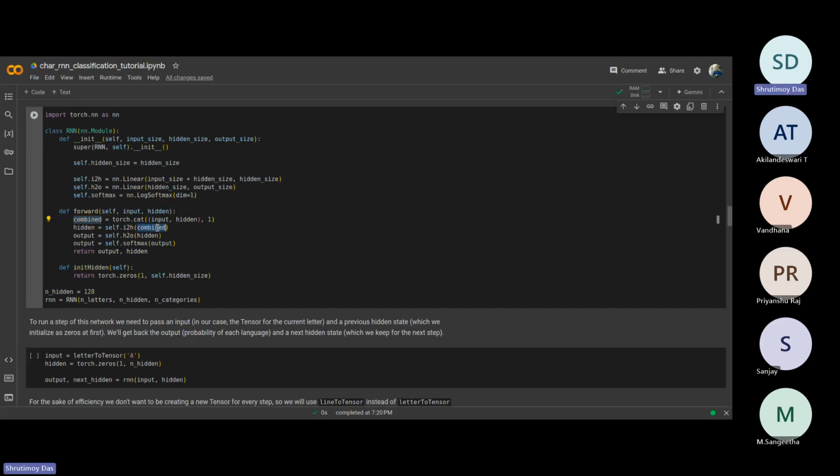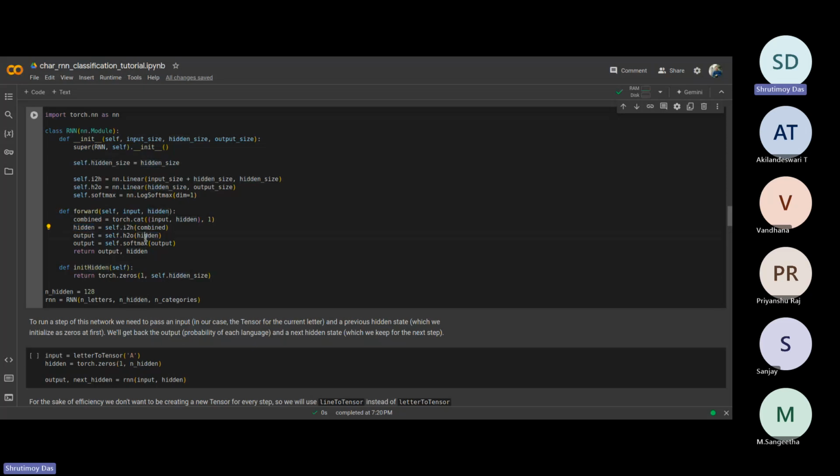So you pass this combined to I2H and you get some hidden representation. You pass this hidden representation to the output via the H2O network. So when I say combined goes to I2H, it means this combined is a 30 dimensional vector, and now I am passing it through this I2H linear layer. It should give us an output of size 10. So it passes through the linear layer and gives an output of size 10, which is stored in this hidden variable.